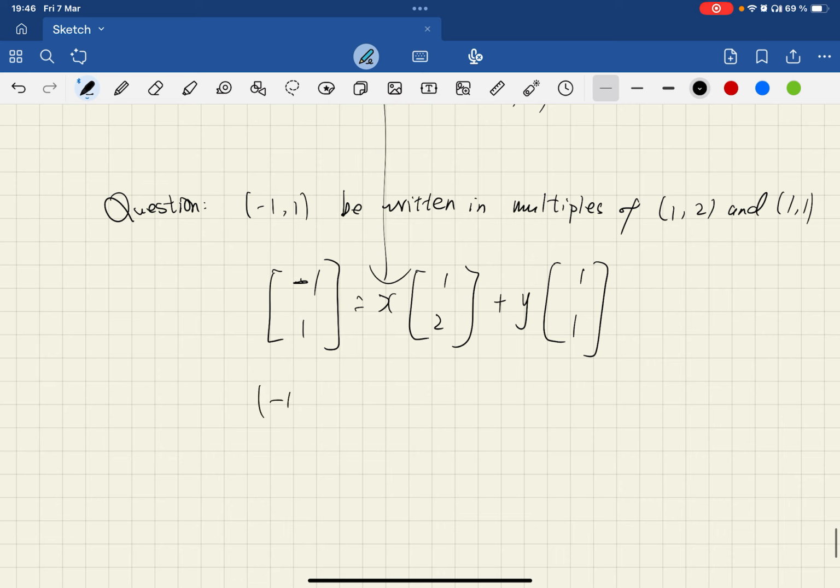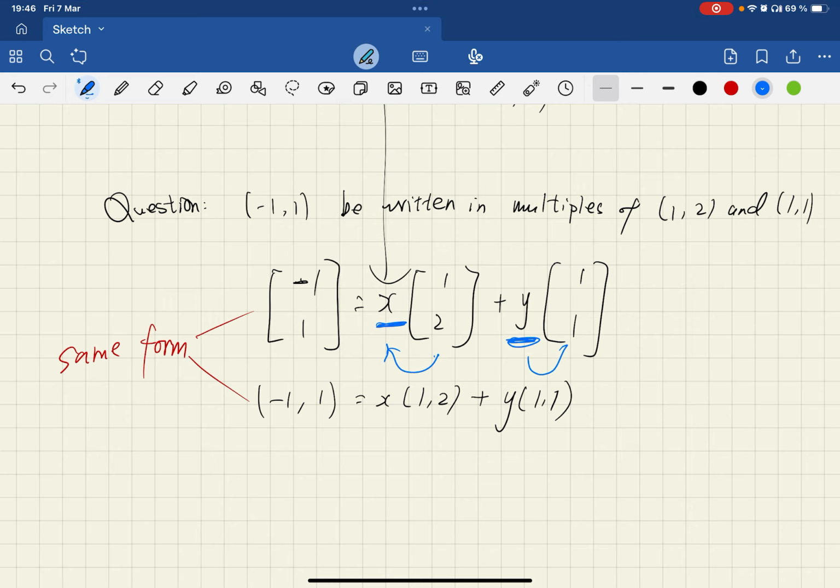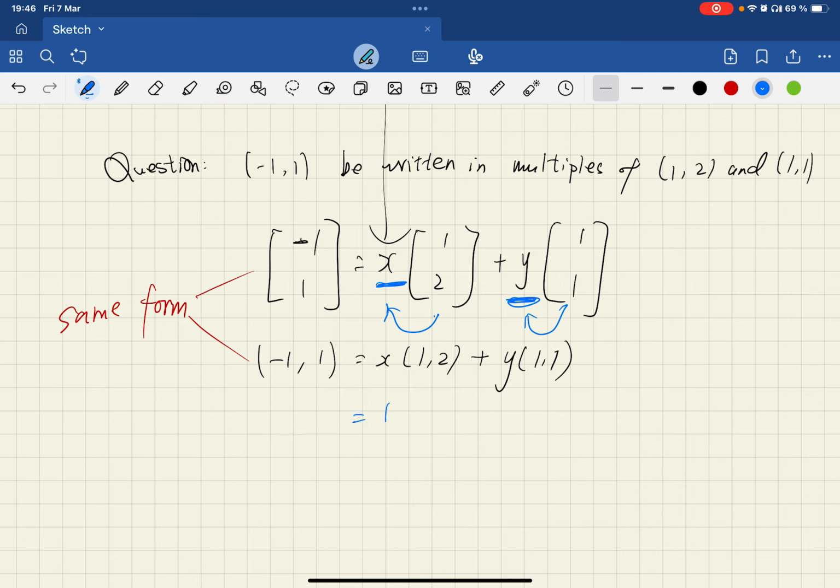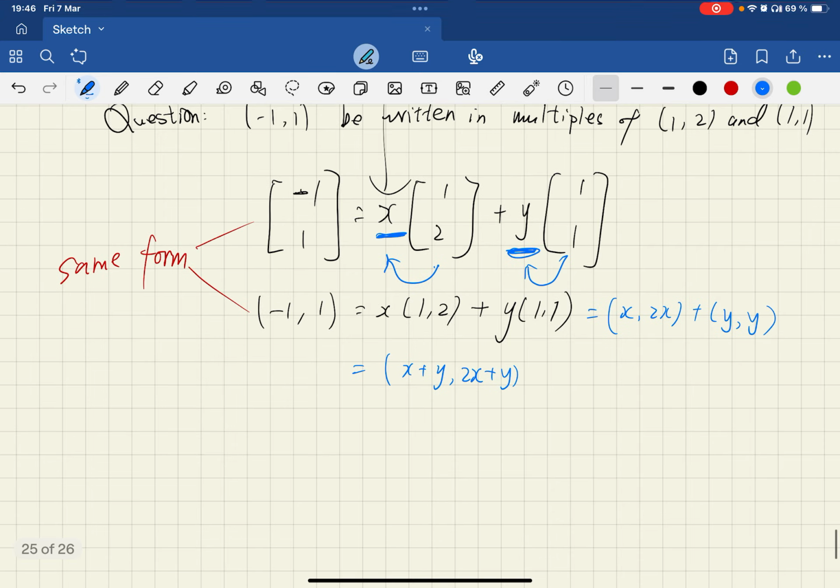Or if you like, you can also write like this. They're the same form. So this means that we scale (1, 2) x times, scale (1, 1) y times, and add them together, which gets (x plus y, 2x plus y).